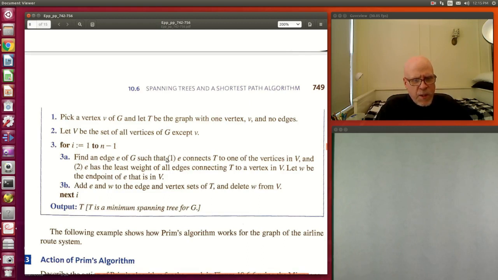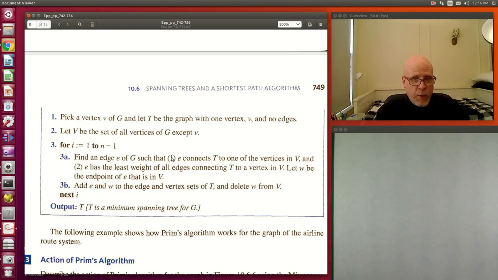E of G such that, okay, there's two conditions. One, I wish they had laid this out as a list or something. But condition one is that E connects T to some one of the vertices in V. And two, it's the cheapest one. E has the least weight of all edges connecting T to a vertex in V. So you're sort of thinking about the graph divided into two parts.